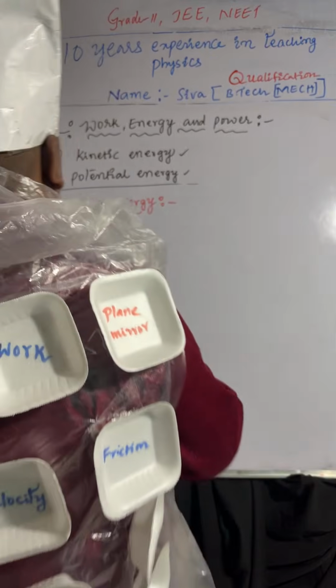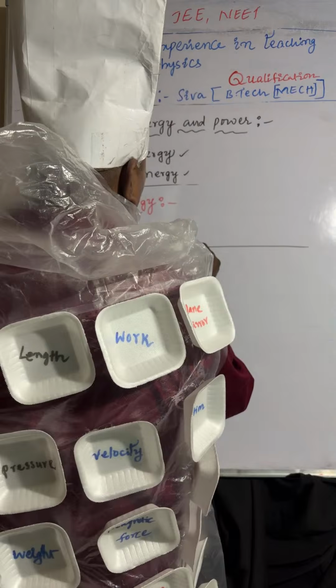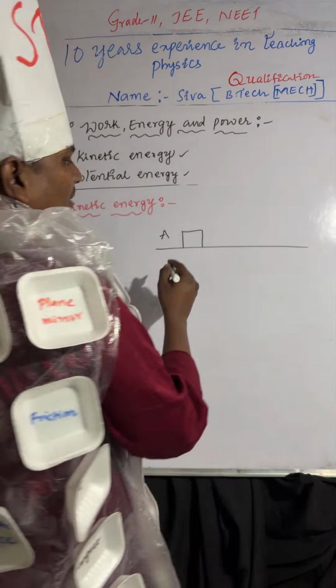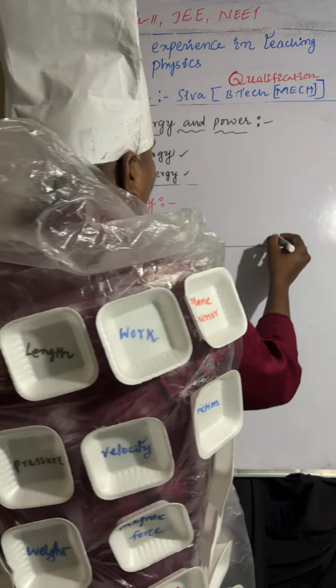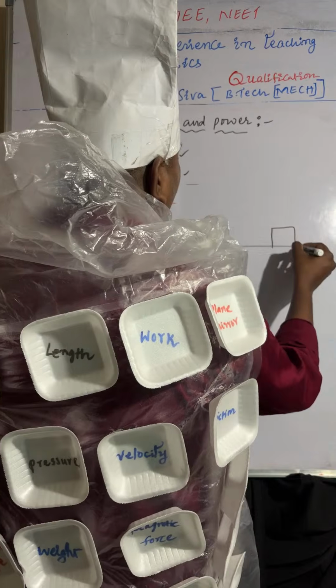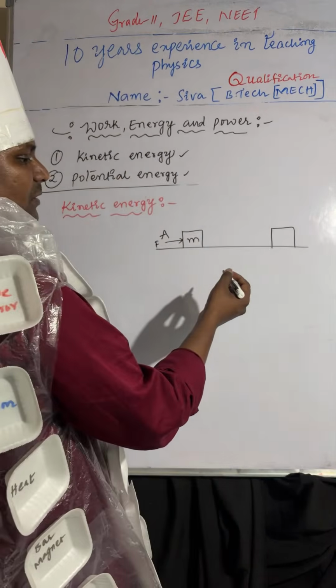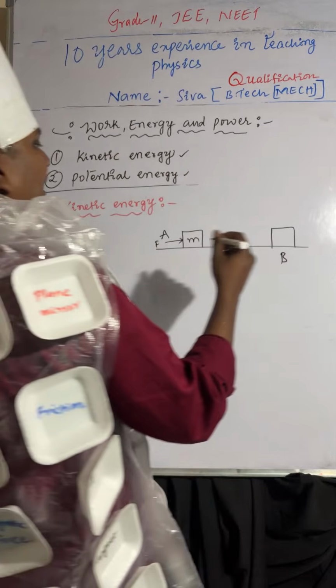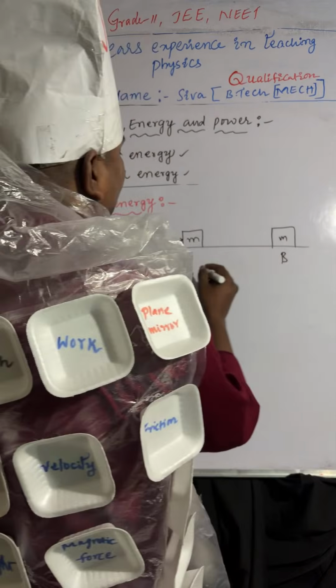We will see. Here is the object. I am taking the object at position A. When we apply force on the object, the object moves till B, and the mass is not changing.